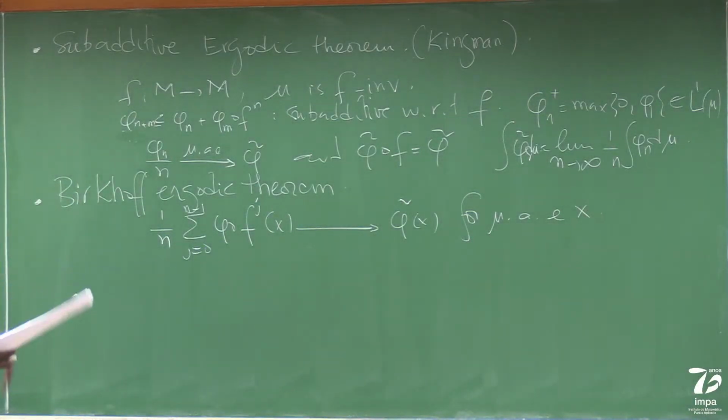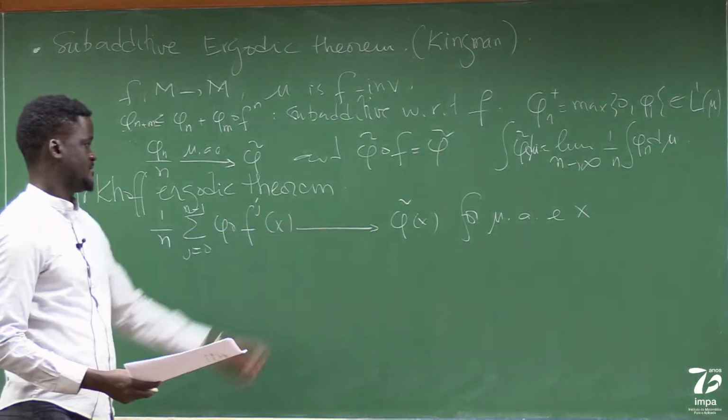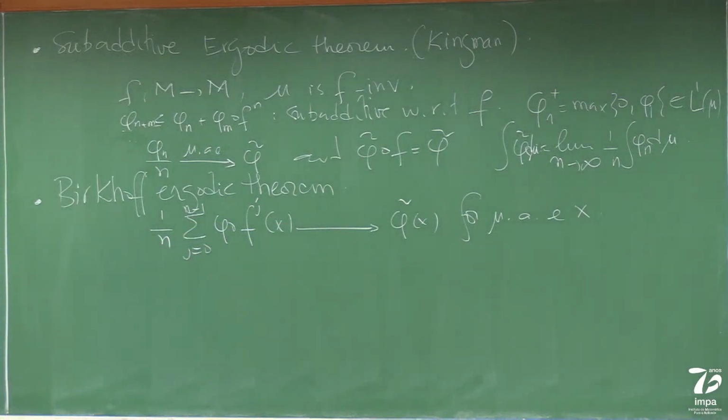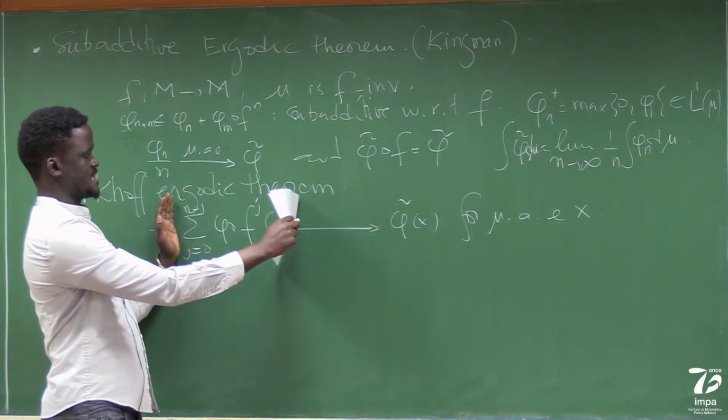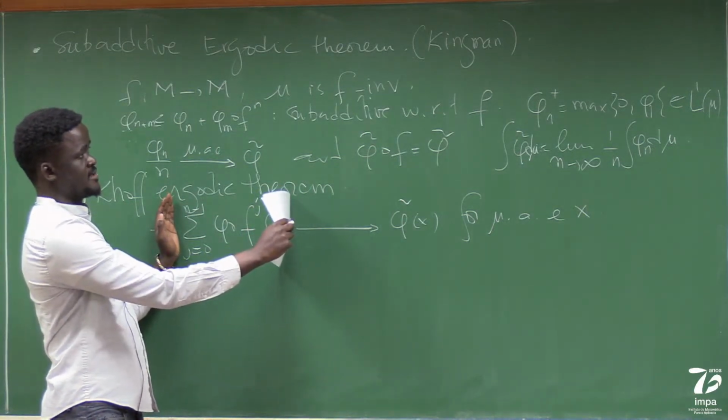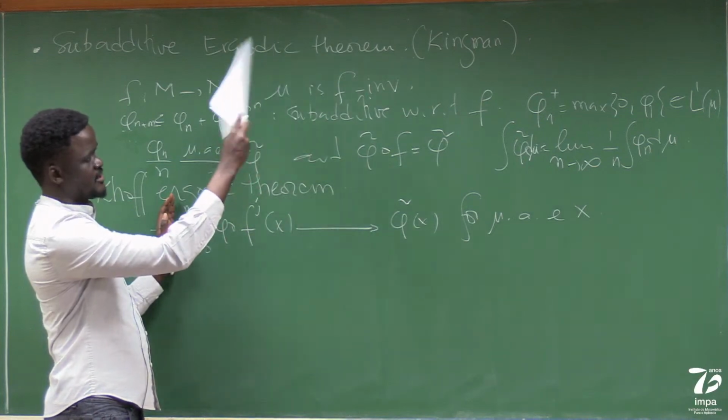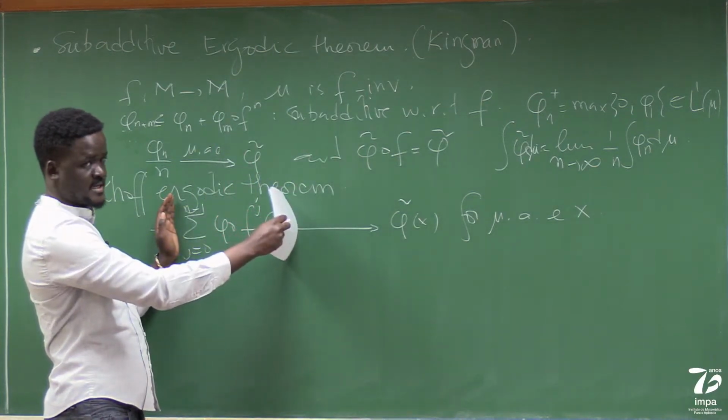Yeah, and the integral of phi tilde is the limit of these integrals, and we have seen the proof of Birkhoff. We deduce it from this theorem, because you can see that this sequence will be subadditive if you choose this as your phi n. It satisfies the condition of the subadditive ergodic theorem.